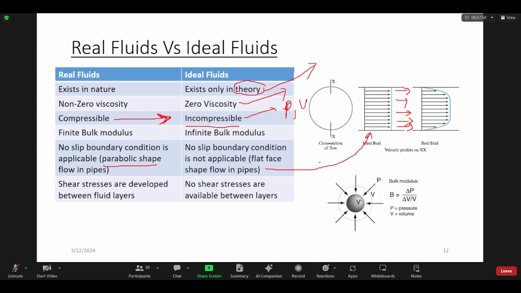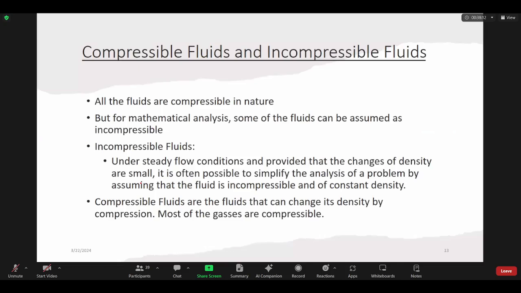In this area you can identify how real fluid streamlines occur, and you can get an idea about the behavior of streamlines. I will put some notes about compressible and incompressible fluids on this slide.